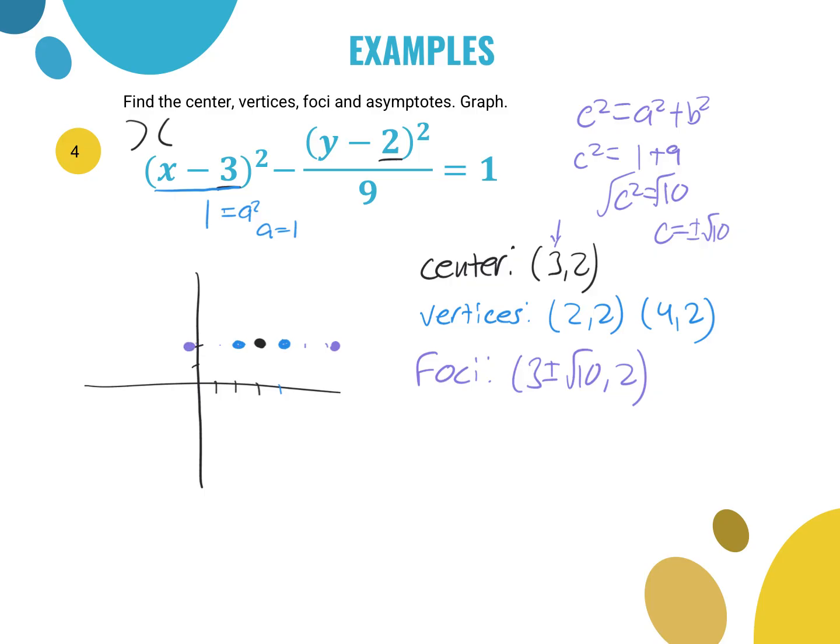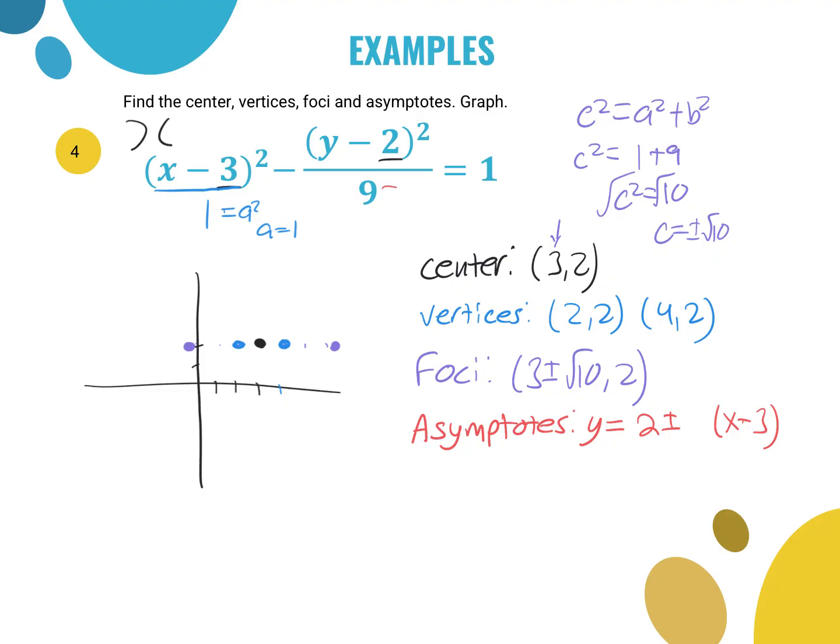Last thing for this one are the asymptotes. And again, it's going to be y equals k. Our k value is 2. Plus minus, it's either a over b or b over a, but I know it's going to be x minus h, so x minus 3. All right, whether it's a over b or b over a just depends on what's with the y.